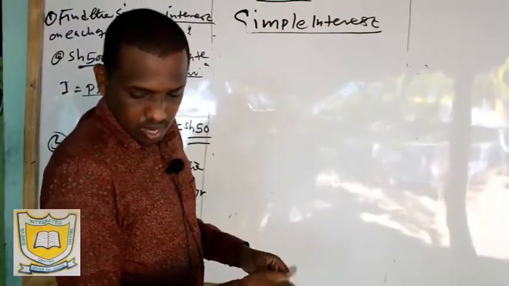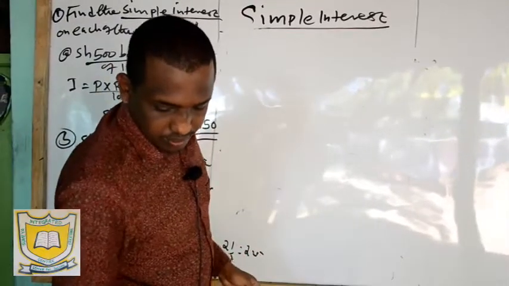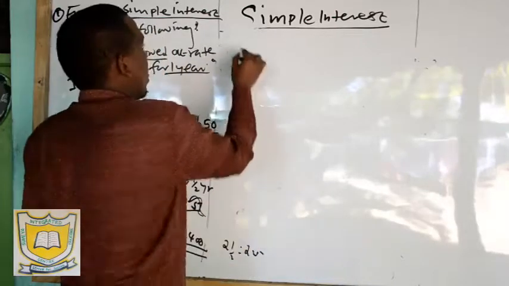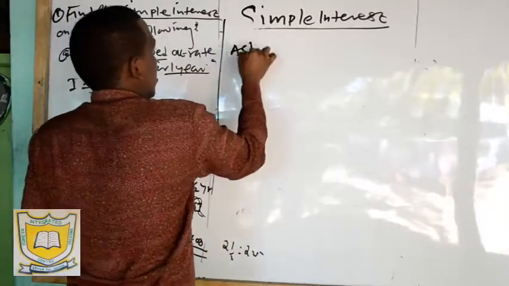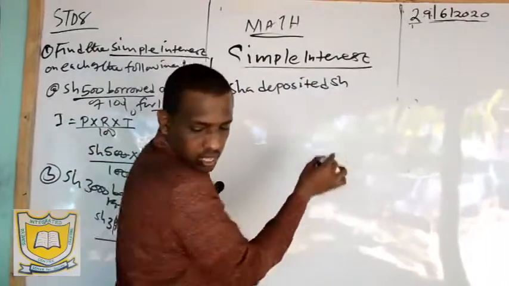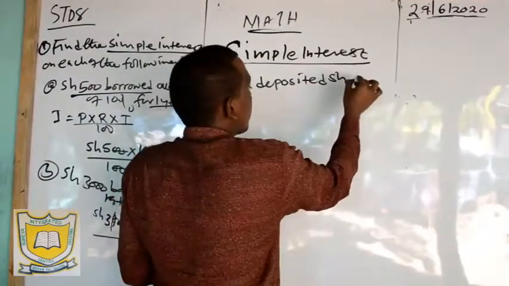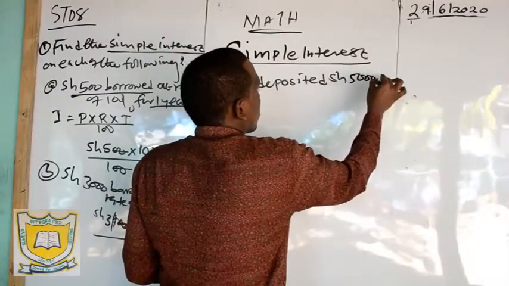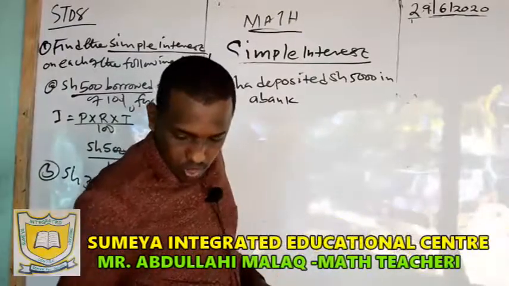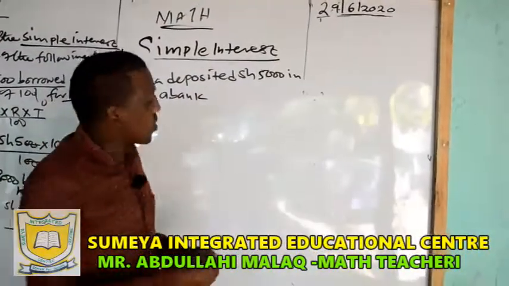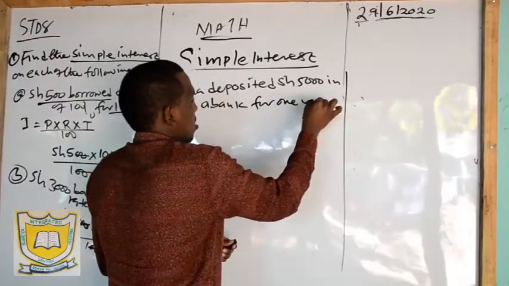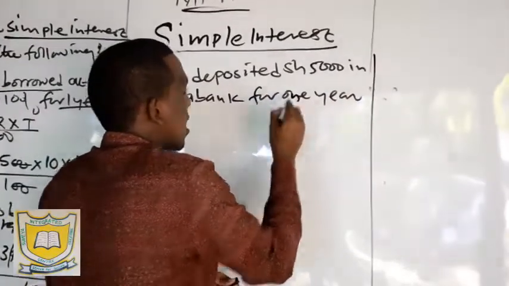There's another one also. You are told Asha deposited shillings 5,000 in a savings bank for 1 year.